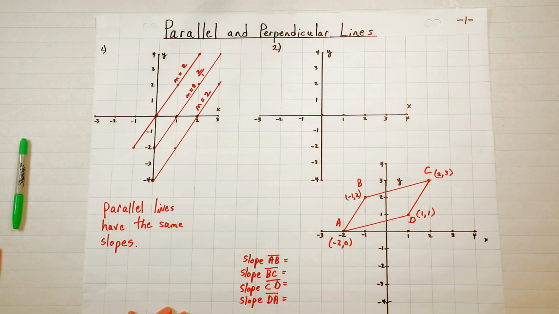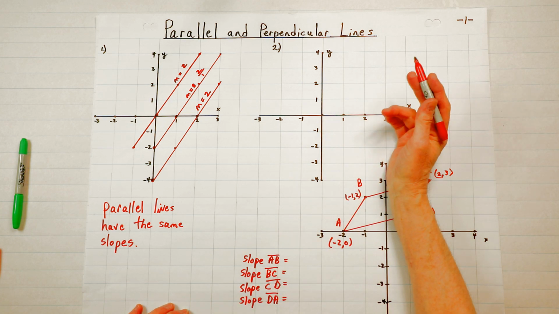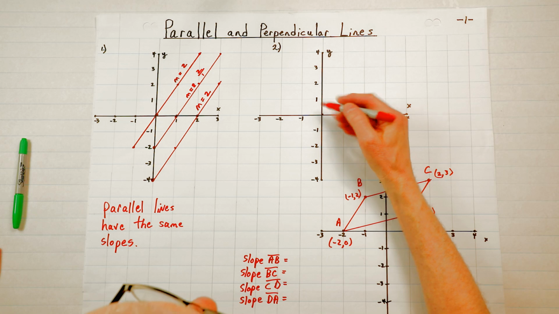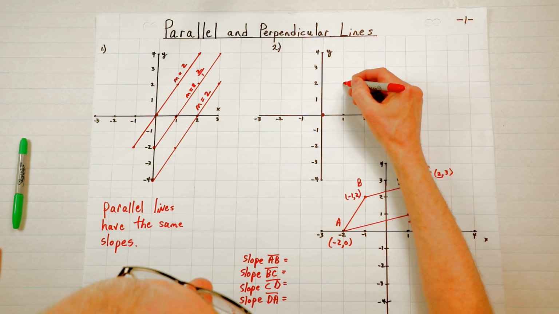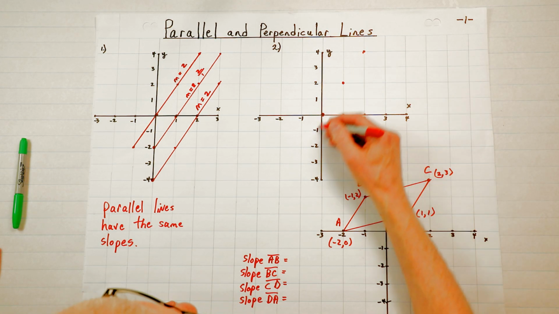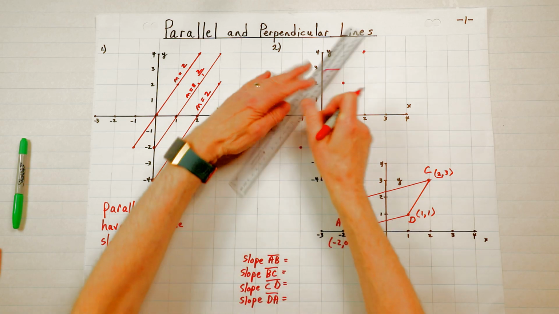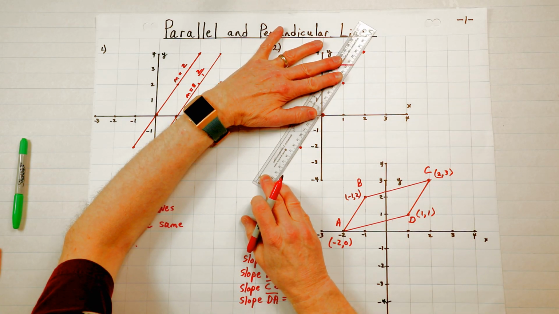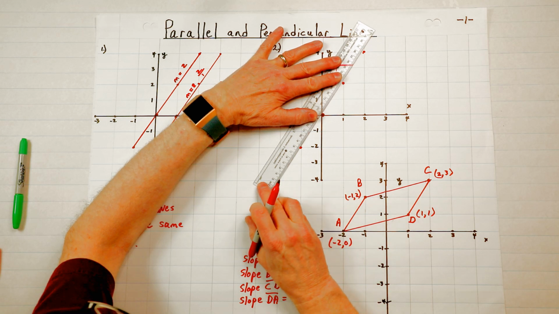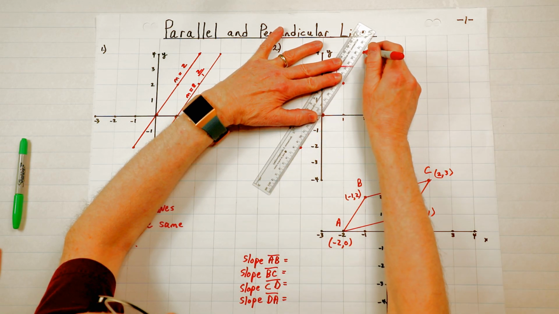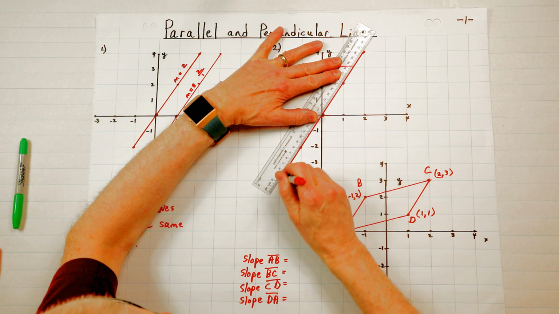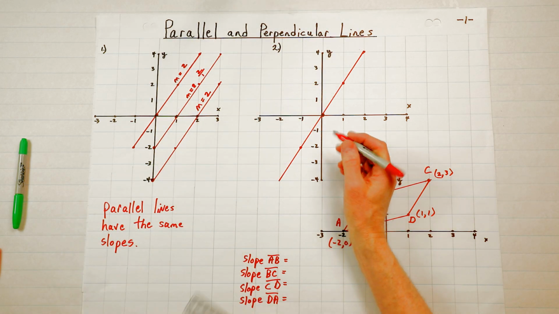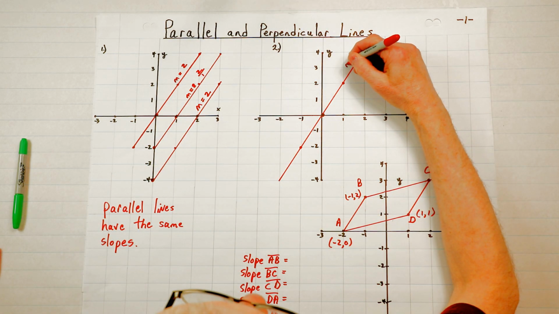Okay, so parallel lines was our first graph. Now, perpendicular lines. What I'm going to do is start off with the same line that we started with over here. There it is. I'm using that ruler again because I don't want to make a mess. Okay, so m equals 2.